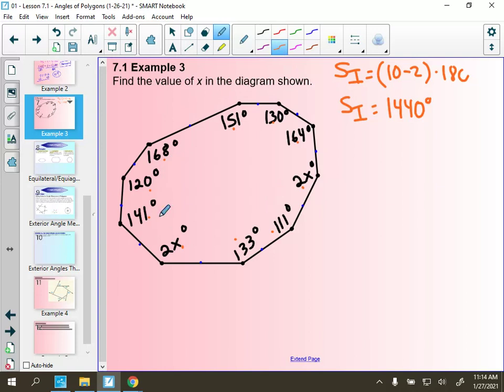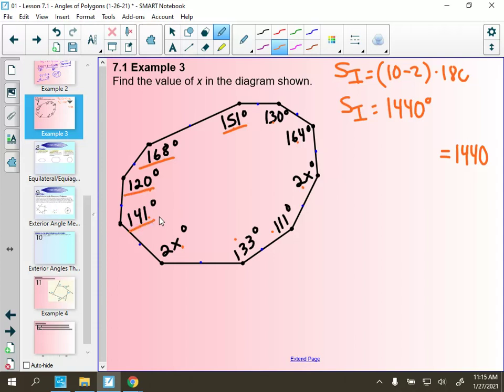Okay, and then I guess we want to start to set up an algebra problem, 1440. And then when I add all these numbers together, I don't have it written down, I'm doing it right with you. I've got 151 plus 168 plus 120. I just don't want to miss one, so you can see I'm highlighting and underlining. You should be doing the same stuff.